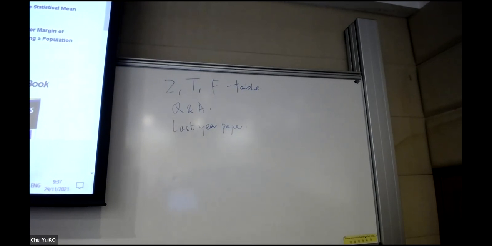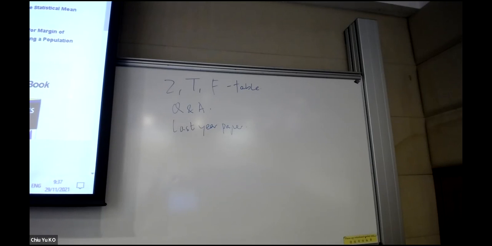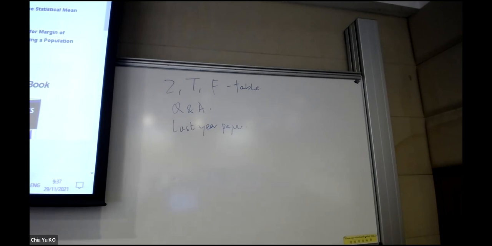I will not provide tables. You bring your own. Some of you may bring a calculator that already has the table, so I don't see the need to provide the table. I will not provide tables. Or you can just pick up any table, or you have a textbook with the table already. So that's a Z table.